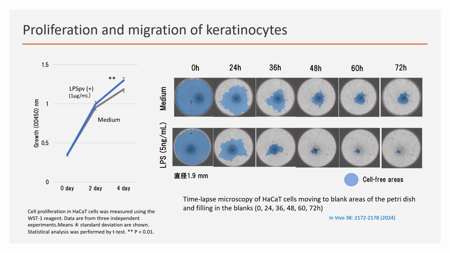These show that the blank area is rapidly buried by keratinocytes in the LPS-added media. That is, when LPS is added to keratinocytes, they move faster. As you can see, the addition of LPS to keratinocytes promotes proliferation and migration. This leads to early wound healing when the epidermis is damaged.